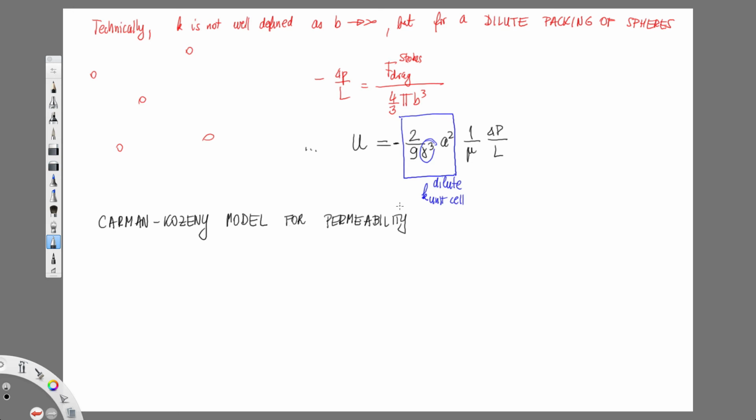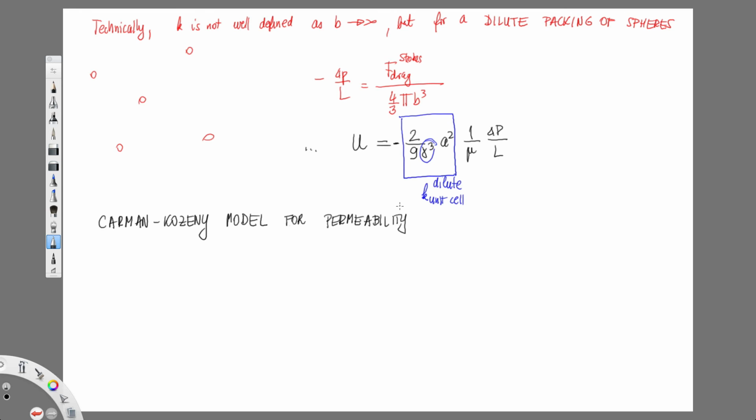That is the type of dependence that can guide your intuition about what to expect. If you change your medium, how will your permeability change as a result? If you are looking for a correlation in any other type of media, that should still hold true. So that gives you a lens for how to formulate your correlation function. So it's some function of porosity times grain size. When you're stretching these analytically derived formulas to media that they were not derived for, they're still useful to guide you in that process.